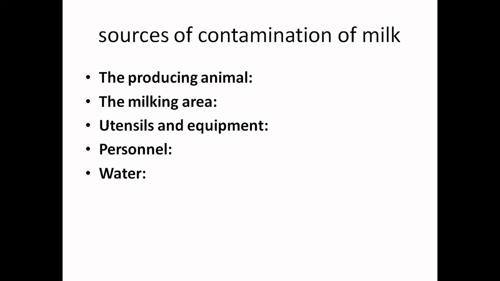Utensils and equipment that are used: organisms survive in the cracks, corners, curves, dents, stretches, and other irregularities in the utensils. Such neglect affords ideal conditions for the growth of microorganisms before the utensil is used.